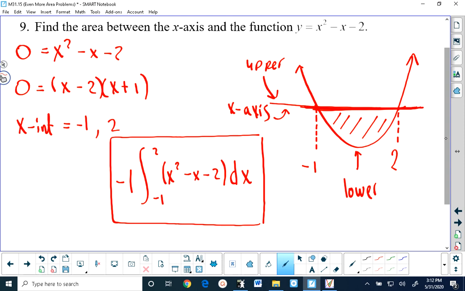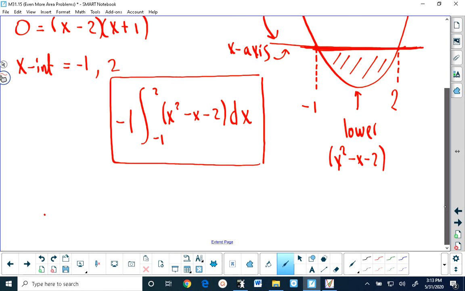So the lower function is x squared minus x minus 2. The upper function is 0. The equation of the x-axis is y equals 0, which means if you use the rules that we learned today, the area will be the integral from -1 to 2 of the upper, which is 0, minus the lower, which is x squared minus x minus 2.